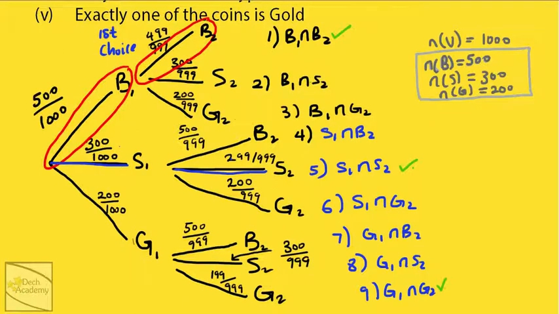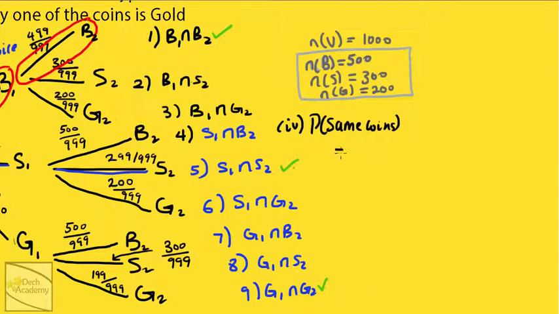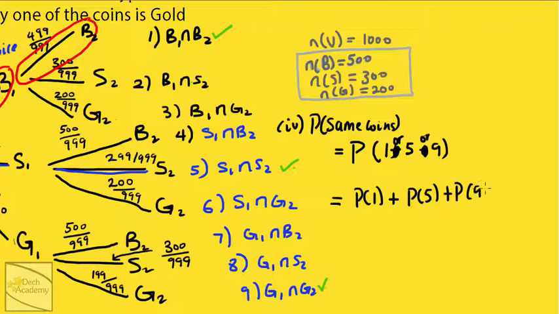They can't coincide. So the probability of the same coins is equal to the probability of event 1 or 5 or 9, which is simply the probability of 1 plus the probability of 5 plus the probability of 9.